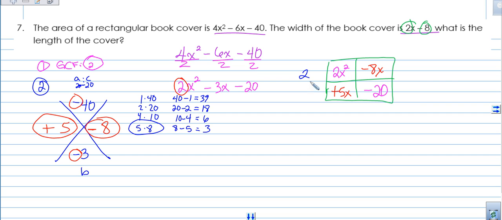They both have an x. 5 and 20 have a 5 in common. They don't both have an x, and then we take the sign here. These don't have anything in common number-wise between 2 and 5, but they do both have an x, and then 8 and 20 have a 4 in common. They don't both have an x, and this is negative. Okay?